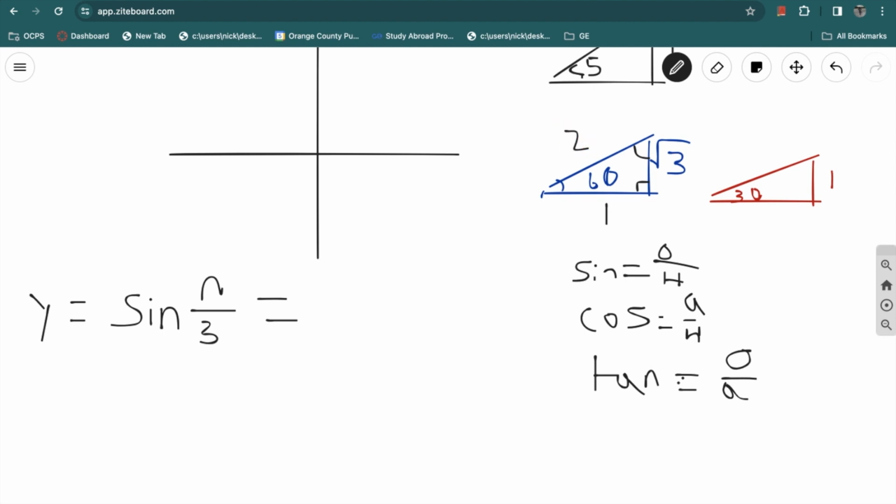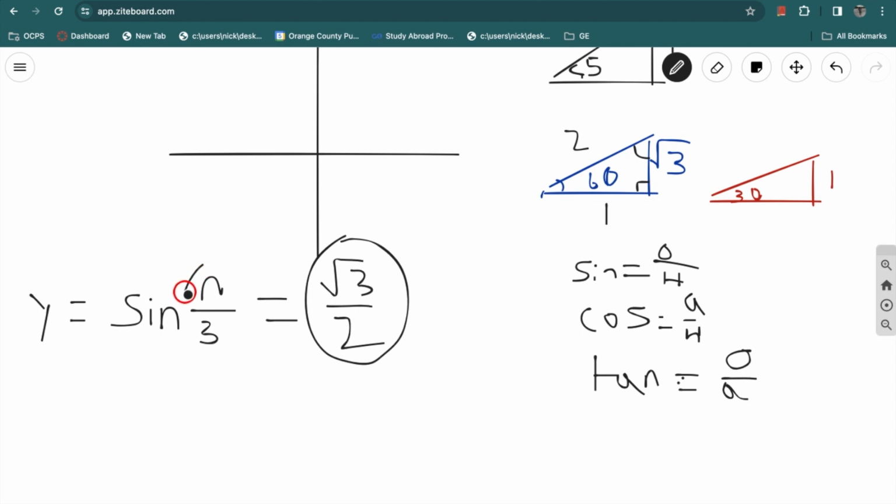Now sine is opposite over hypotenuse, so if the opposite is square root of 3, the hypotenuse is 2. That's gonna be our value for y equals sine pi over 3. That's y is gonna equal square root of 3 over 2. That's gonna be our value.